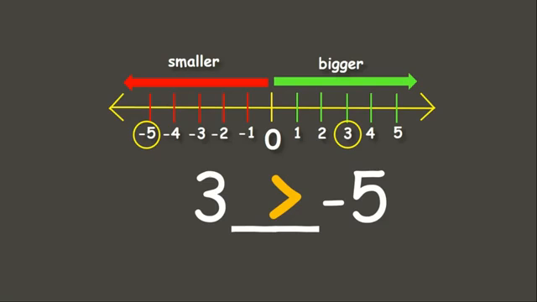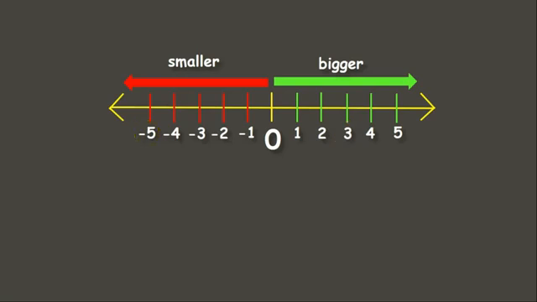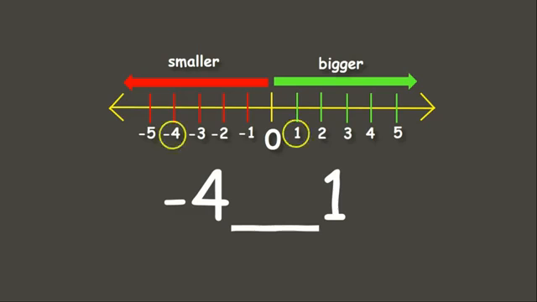Let's have another one. This time, let us compare negative 4 and positive 1. Again, all negative numbers are less than positive numbers. This means that negative 4 is less than positive 1.